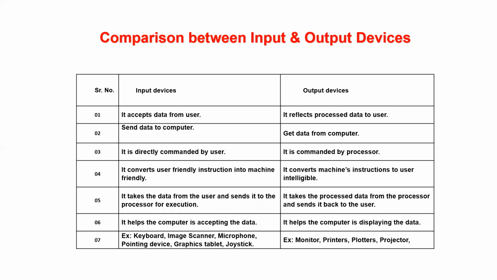The next point, input devices help the computer in accepting data, whereas output devices help the computer in displaying data. The examples for input devices are keyboard, image scanner, microphone, pointing device, graphics tablets, joysticks. Whereas the output devices are the monitor, printer, plotters, and projectors.